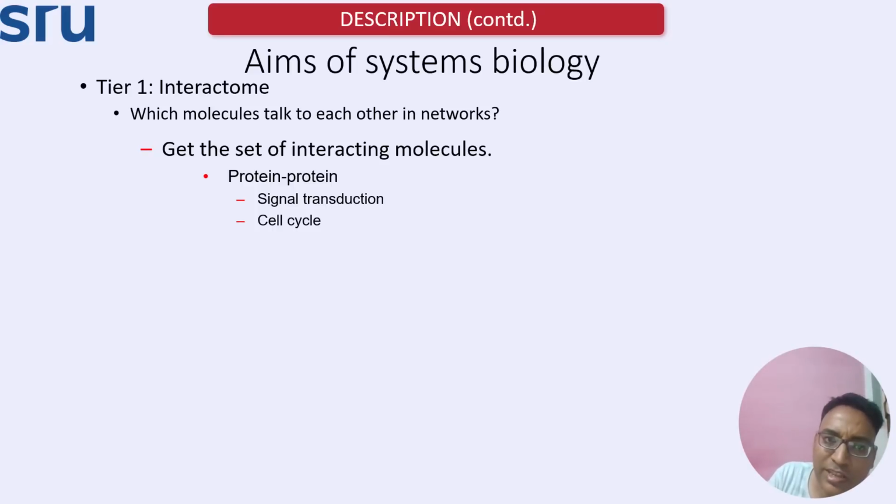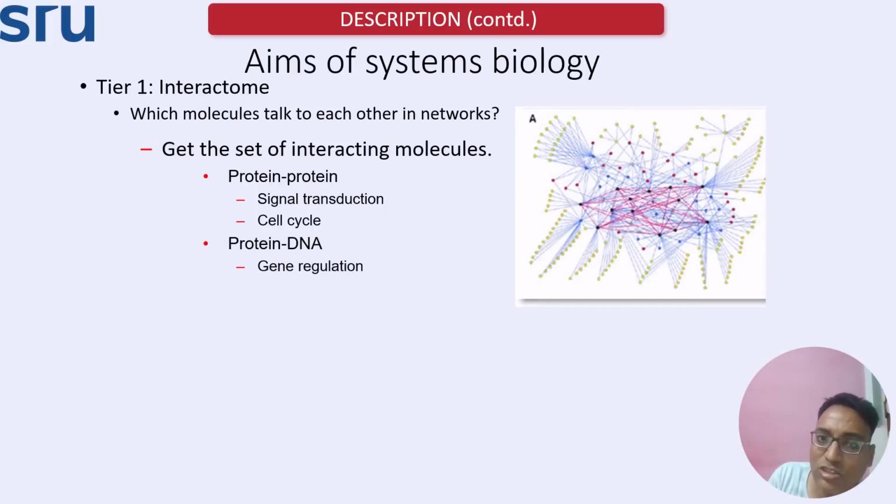If I'm given a set of interacting molecules, the proteins under cell signal transduction or the cell cycle, which molecules are actually interacting, or protein-DNA, the gene regulation among all these parts. If this diagram shows different molecules interacting here, which molecules actually interact together? How to find out? Systems biology helps me to better understand the complete picture.